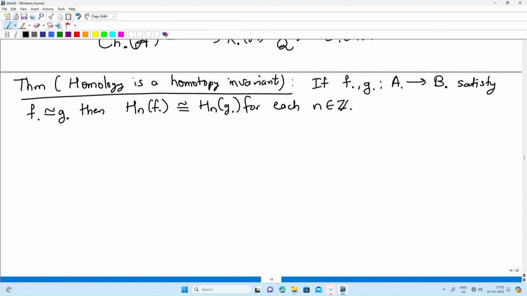Just like in topology, we can also describe when two complexes are homotopy equivalent. In topology, what do we say? We are given a topological space X and a space Y. From X to Y we have a map F, and from Y to X we have a map G. If G composed with F is homotopy equivalent to identity of X, and F composed with G is homotopy equivalent to identity of Y, then we say that X and Y are homotopy equivalent.